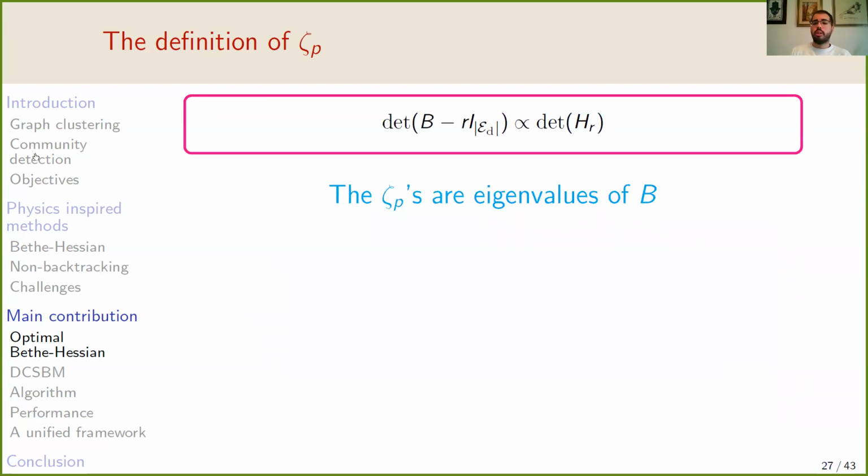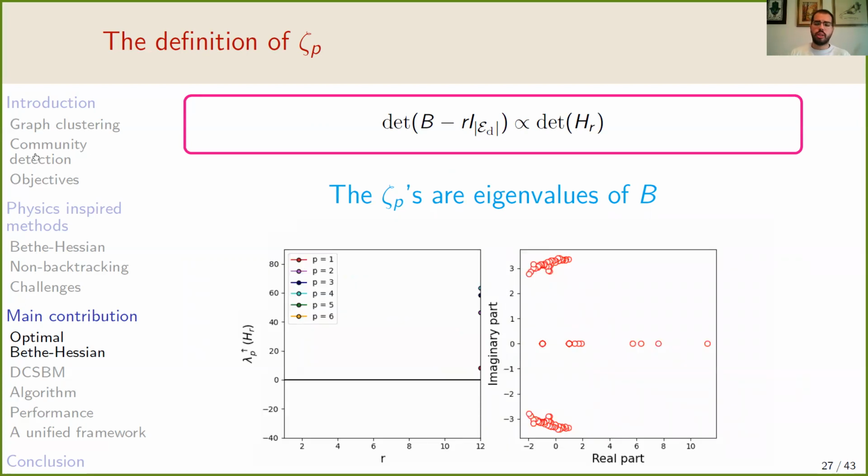Now, exploiting the Ihara-Bass formula, we can also say that the zeta_p's are eigenvalues of the non-backtracking matrix. To visualize this, we have a very similar plot to the one I just showed on the left. This time we start from the right, from a much larger value of r, so r equal to 12, and we go backwards. Whereas on the right, we have the spectrum of the non-backtracking matrix of the graph.